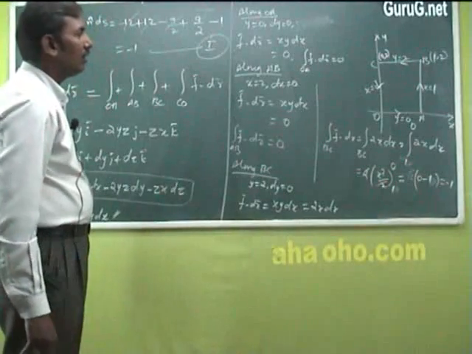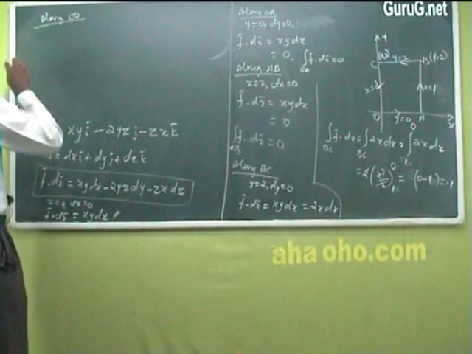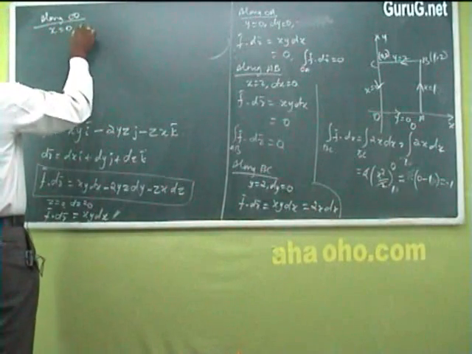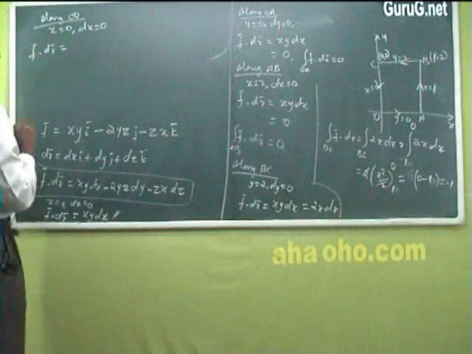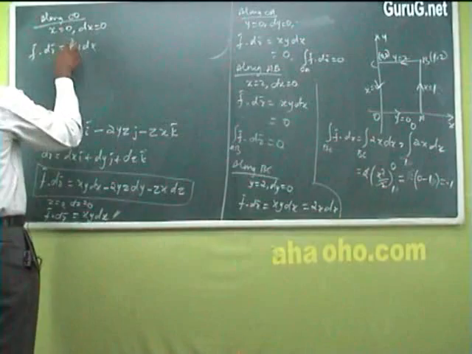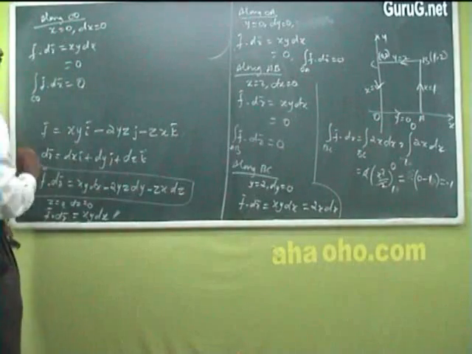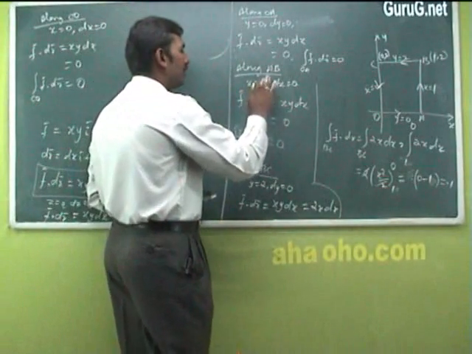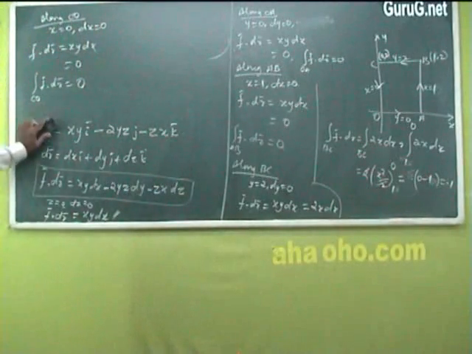Right? Then along CO, CO is x equal to 0. So dx equal 0. So f dot dr equal to xy dx, so x is 0. So integral over CO f dot dr is also 0. So remember, AB is the line x equal to 1, constant, so dx equal to 0, right? So therefore the left hand side, what is left hand side?